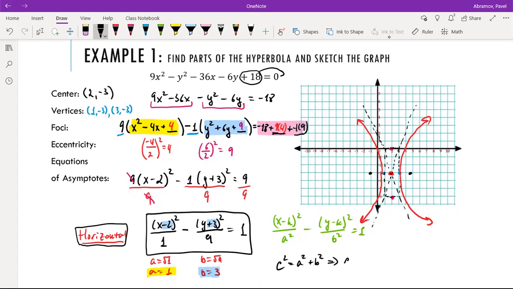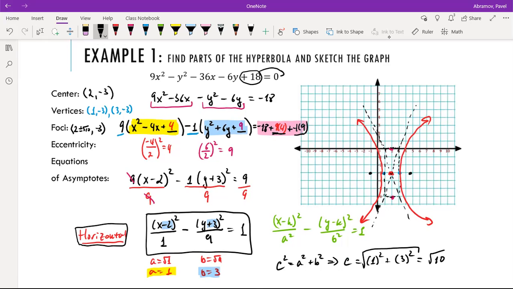So c is equal to the square root of 1 squared plus 3 squared, which gives us the square root of 10. So in this case our foci will be the x coordinate, which is 2 plus or minus the square root of 10, comma -3.